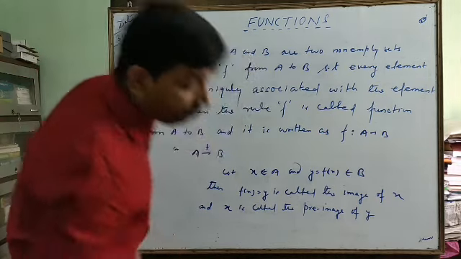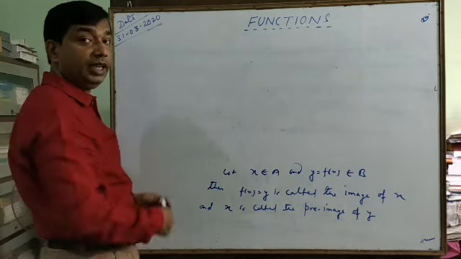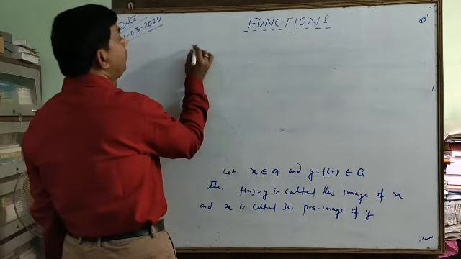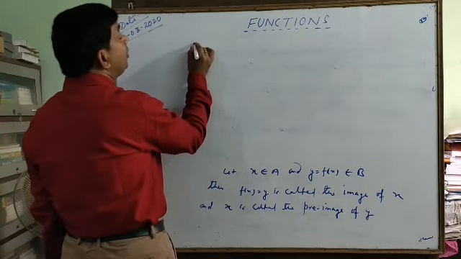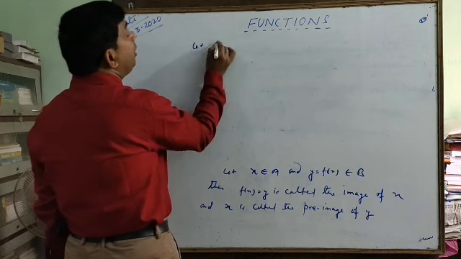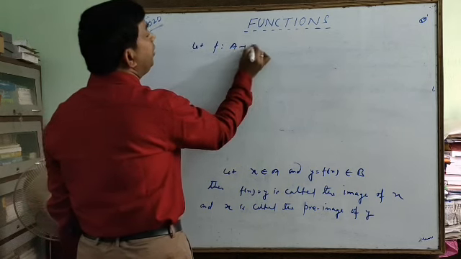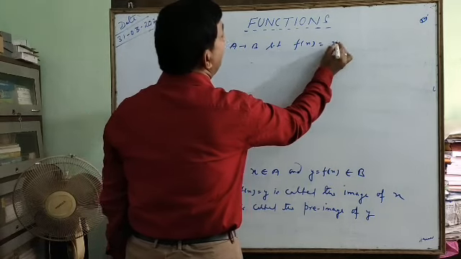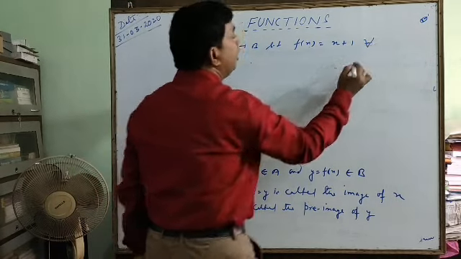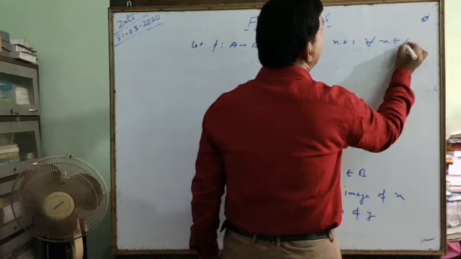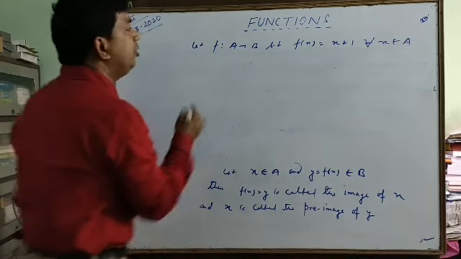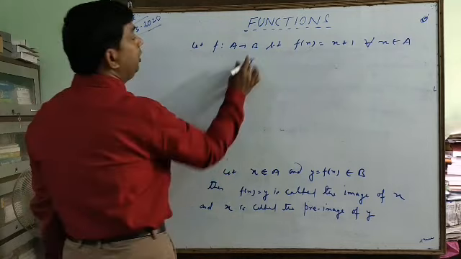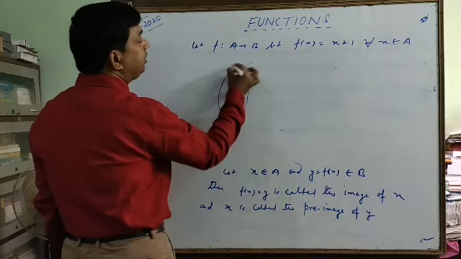Suppose I am giving an example. Let f be a rule from A to B such that f(x) equal to x plus 1 for all x belonging to A. We don't know what the elements in A and B are, so we just take one example.